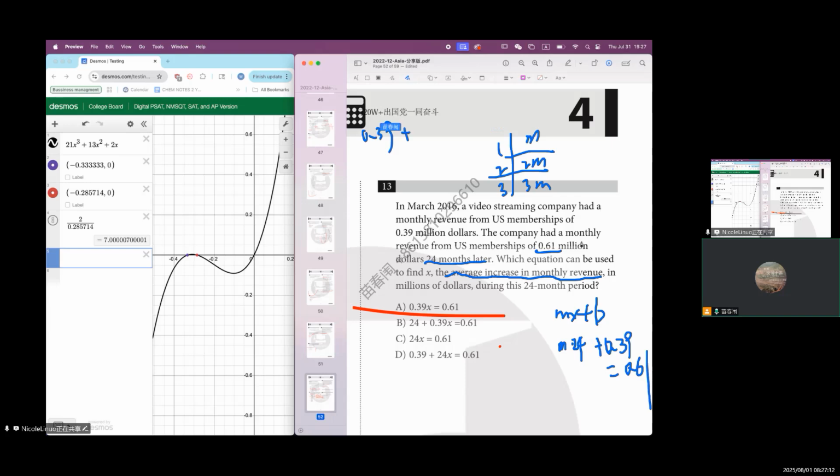After 1 month, I increase by m, after 2 months by 2m, after 3 months by 3m. So that's why after 24 months, this is how I do it, right? Does it make sense? Yes.